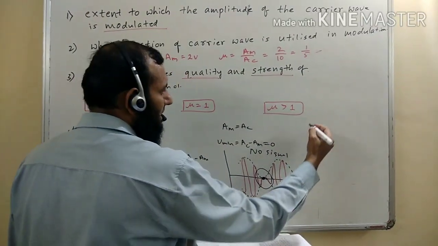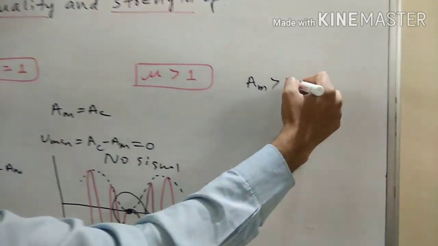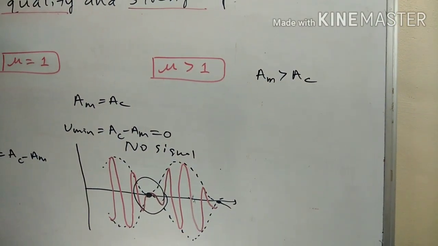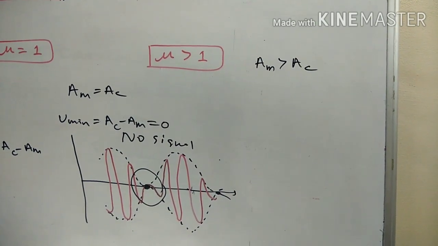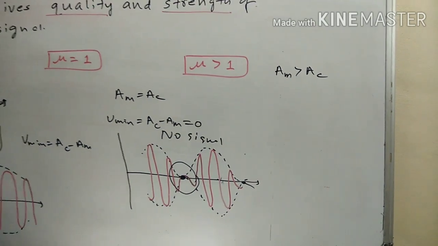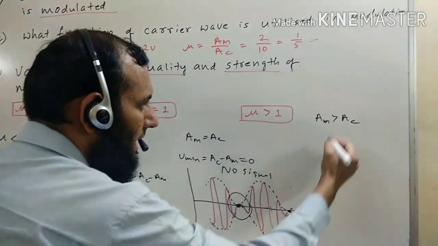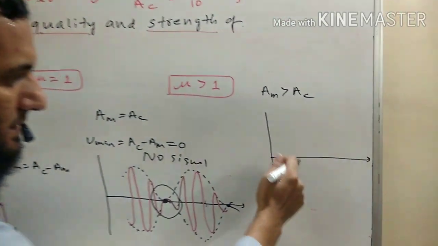If mu is greater than 1, that means AM is greater than AC. The value of AM is more than AC, and this leads to more complications and some phase distortions. All those things we will not go into in detail. Let us just look at this. If AM is greater than AC, the modulated signal will look like this.